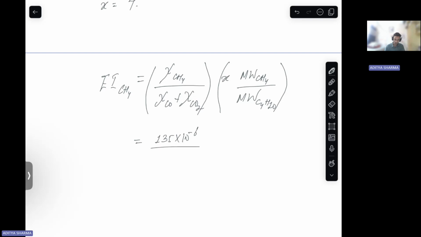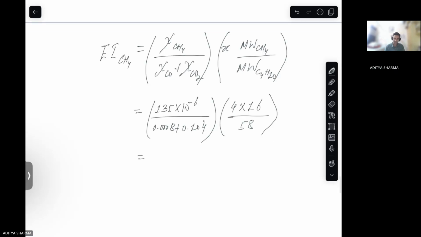So if you put the values, this will be 0.00133 kg per kg of fuel.